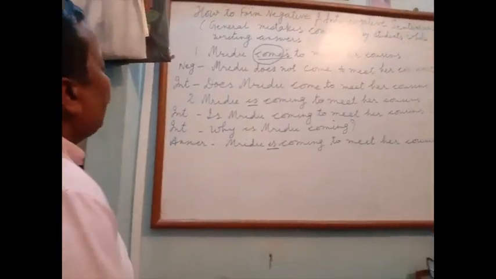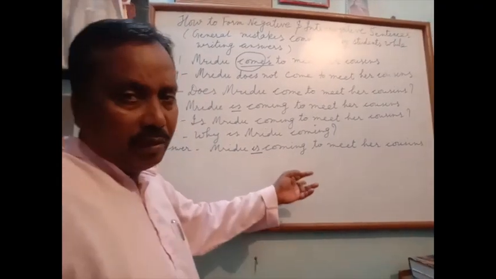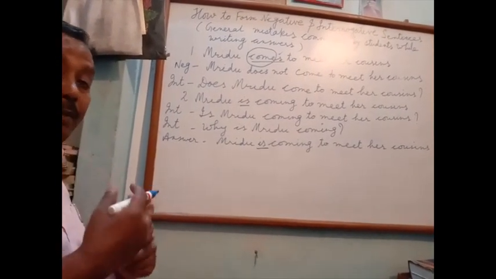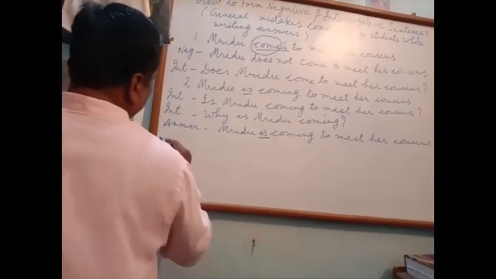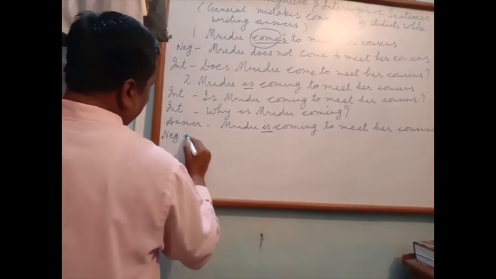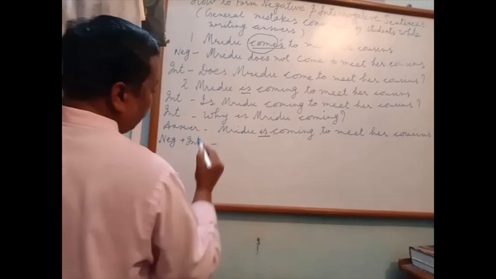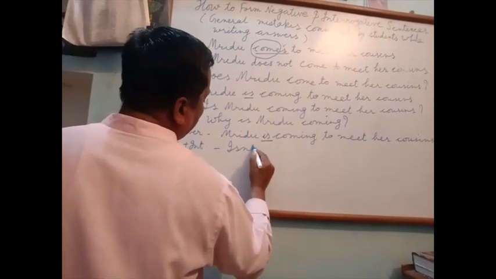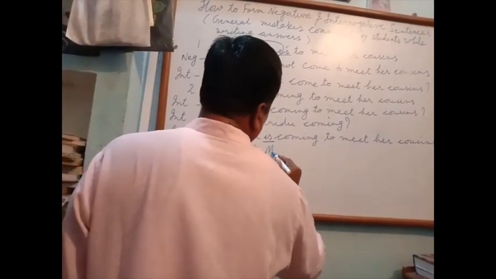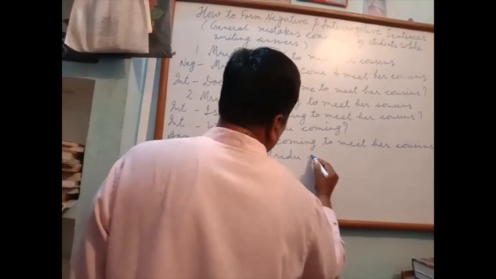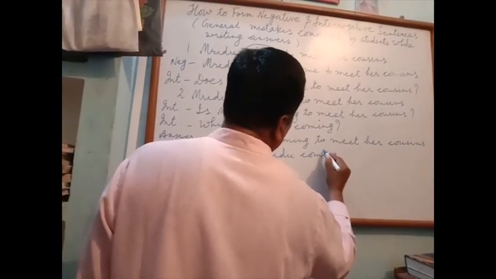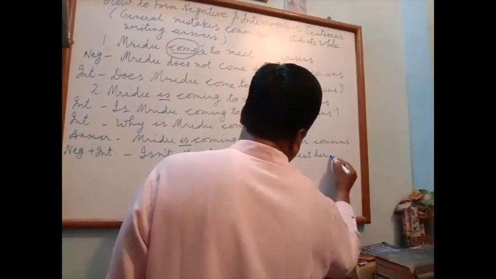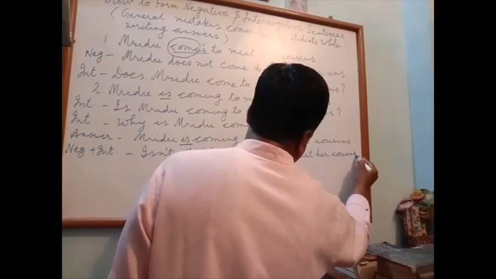Okay. Negative, no problem. Mridu is not coming. No problem. And if you want to change into negative and interrogative both, then: Isn't Mridu coming to meet her cousins?